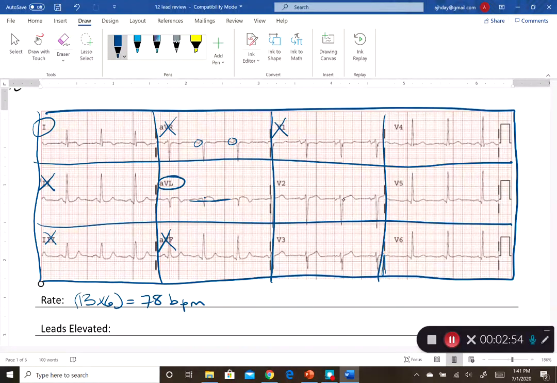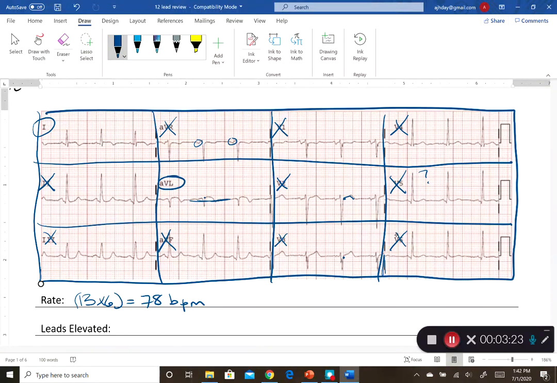V2, it's right on the isoelectric line and then it goes up. Same with V3. V4 looks completely normal. V5, there might be some questionable elevation there. It'd probably only be one line. It's not enough for me to really say yes, though I'm going to count it. I could always put a question mark there and come back to it and see if it goes with any of my contiguous leads. And then V6 looks pretty normal.